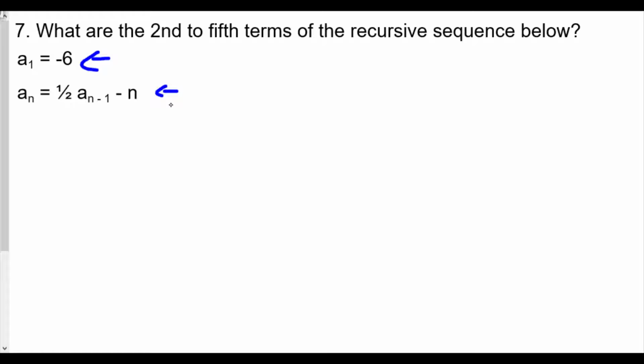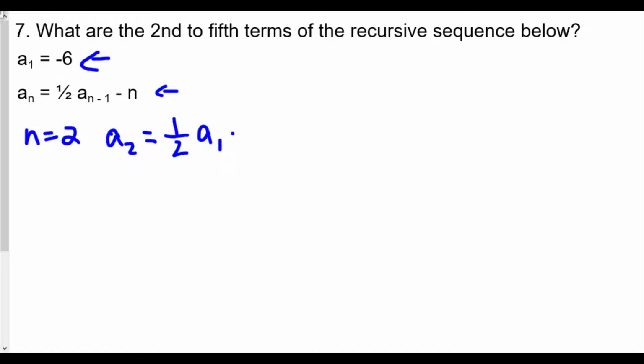So when we try to find the terms from a recursive sequence, we want to list out the formulas in this case. So when n equals 2, a sub 2 is equal to 1/2 of a sub 1, and the reason it's a sub 1 is because 2 minus 1 is 1.